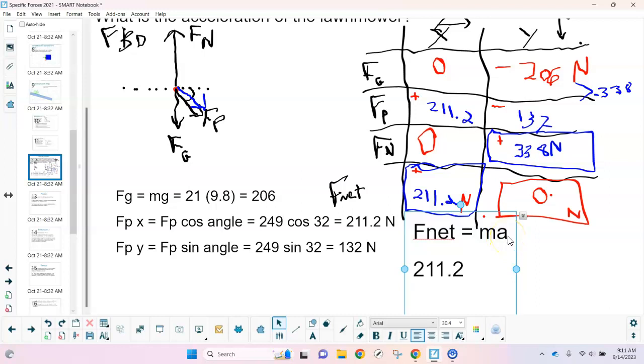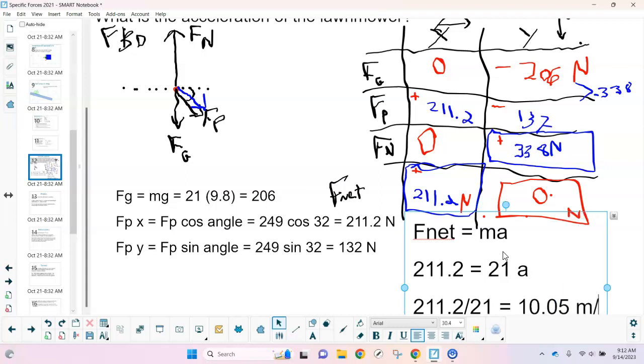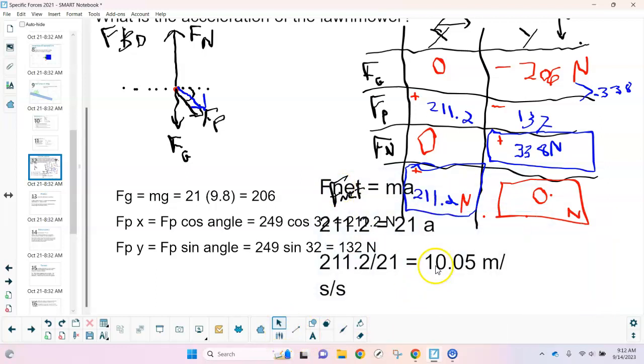So it's 211.2 equals 21 times a. And we get to solve for a. So it'll be 211.2 divided by 21, which is equal to, I got 10.05. It'd be meters per second squared.